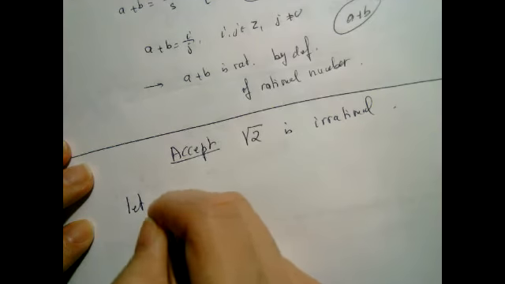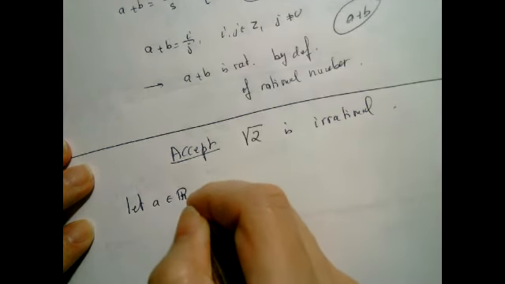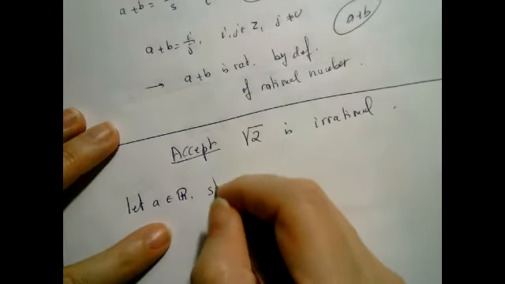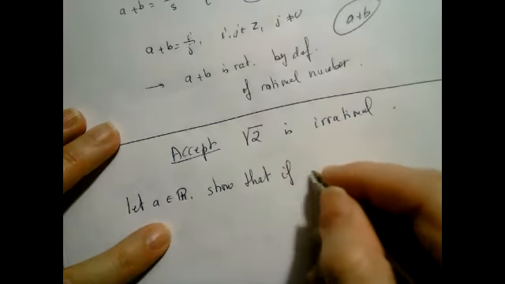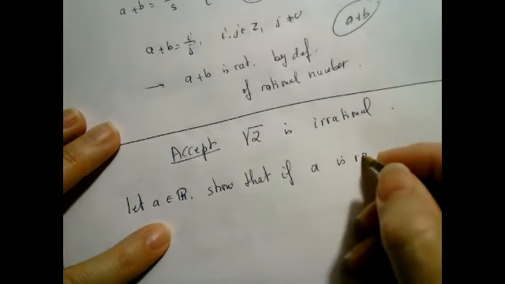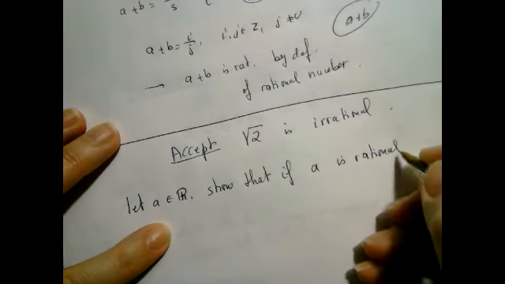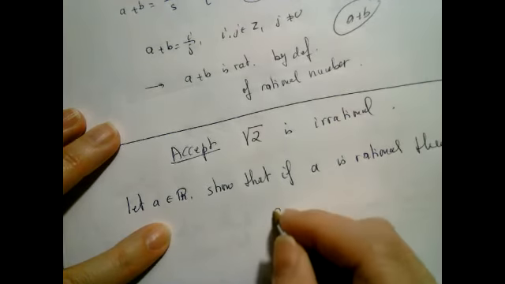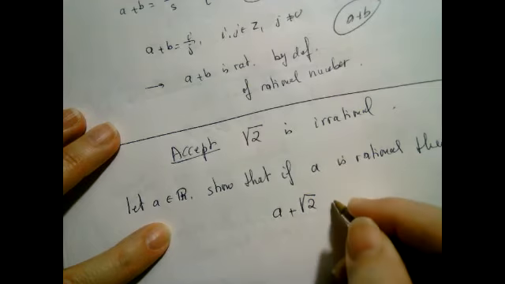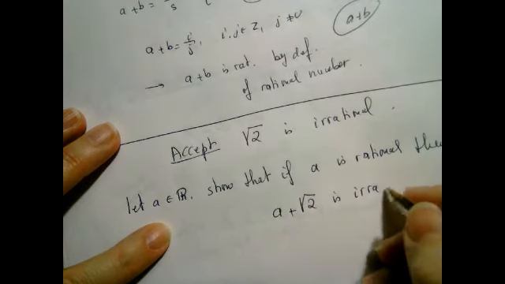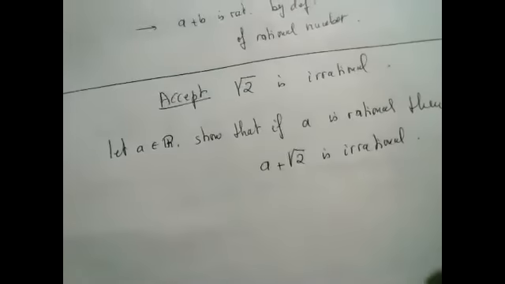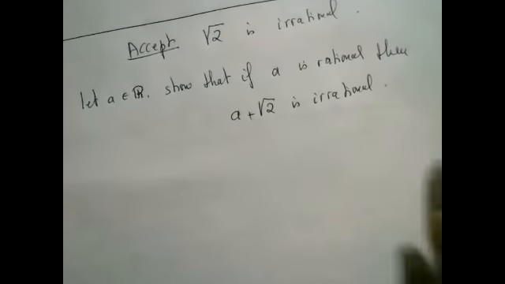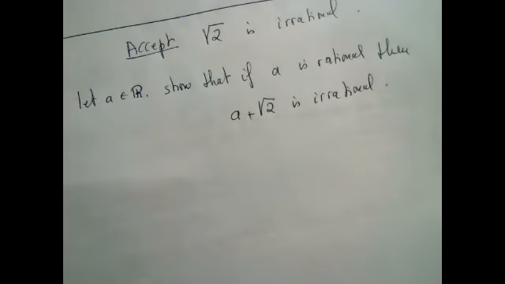Let A be a real number. Show that if A is rational, then it's irrational. So I'm going to give you again 2 minutes to interact with this problem.